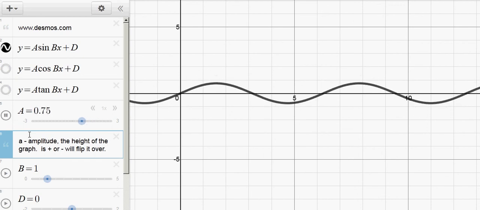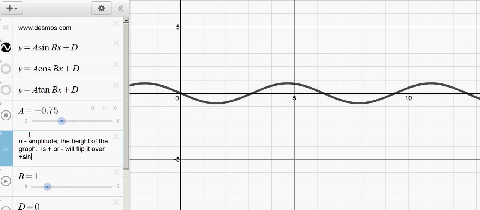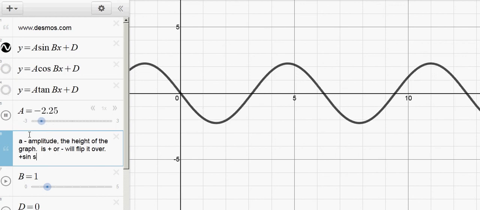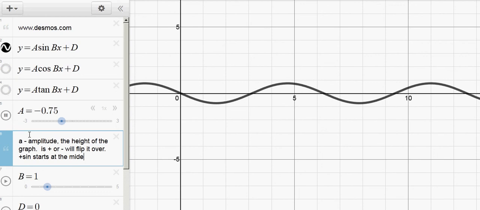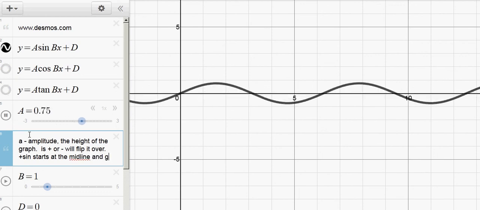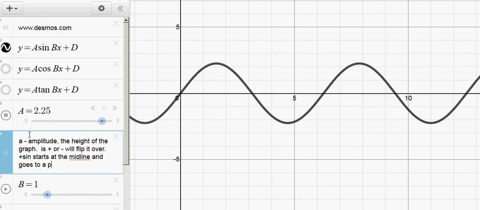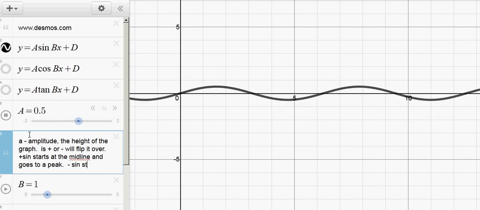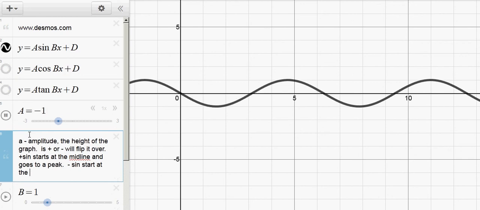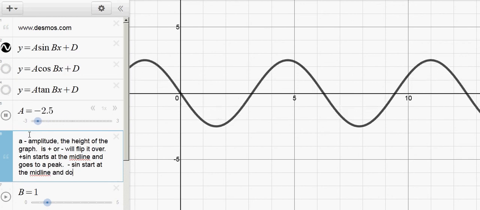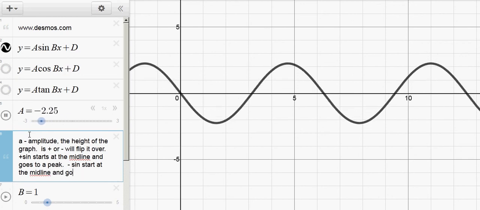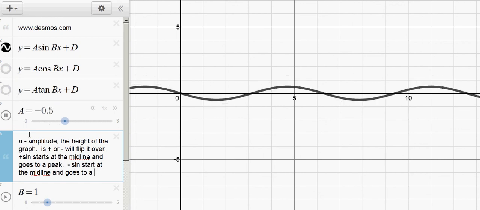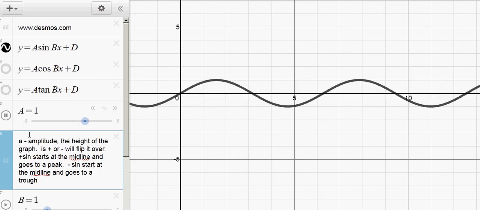And so a positive sin starts at the midline and goes to a peak. Negative sin starts at the midline and goes to a trough, or a minimum if you want.